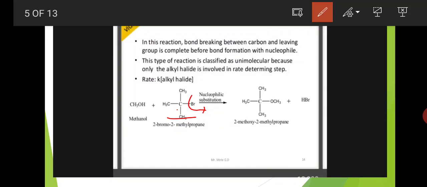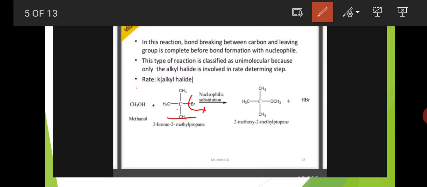The first step is the slow, rate determining step, in which only the tertiary alkyl halide participates, losing a halogen atom to form a tertiary carbonium ion. The rate of the reaction depends only on the concentration of the alkyl halide. That's why it is called unimolecular nucleophilic substitution reaction.